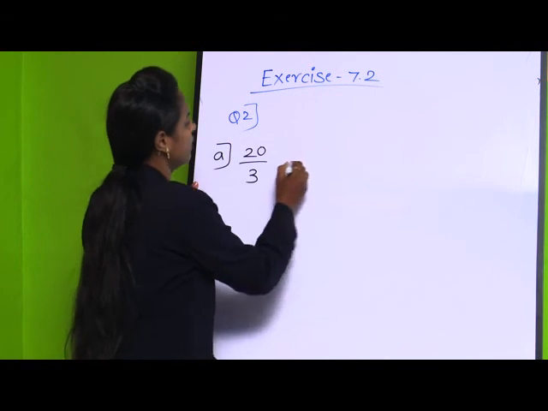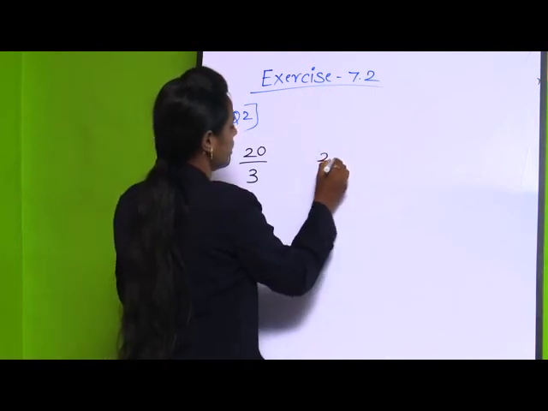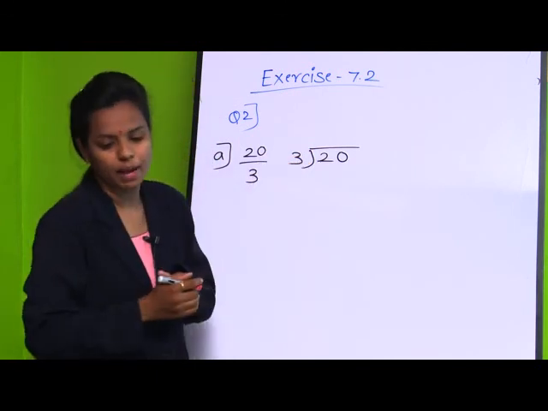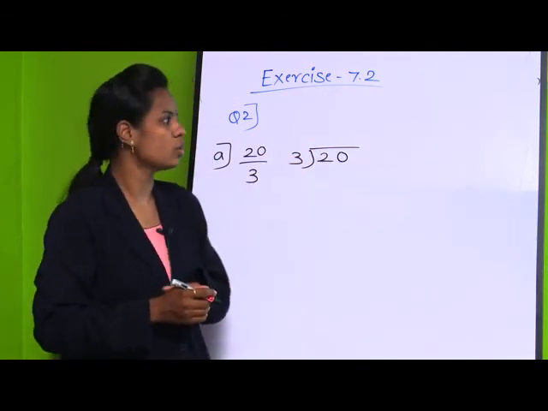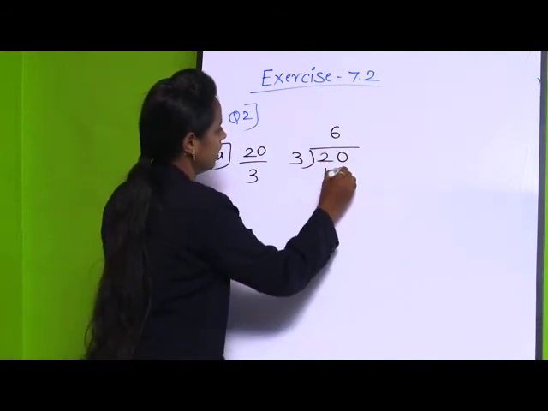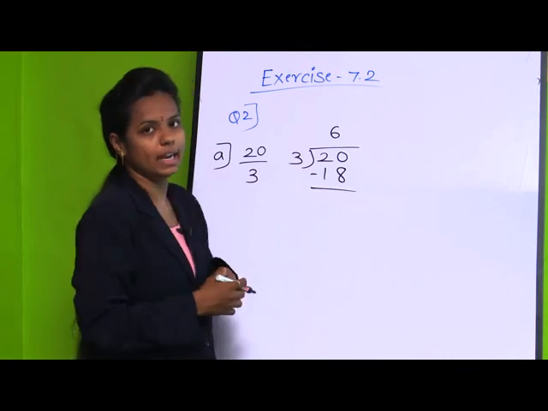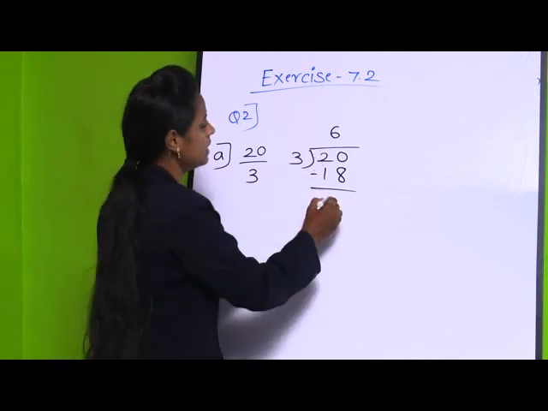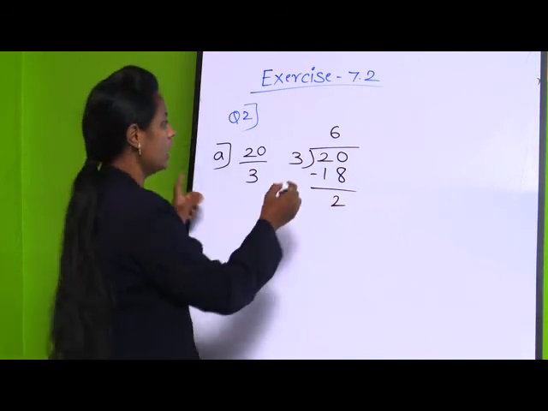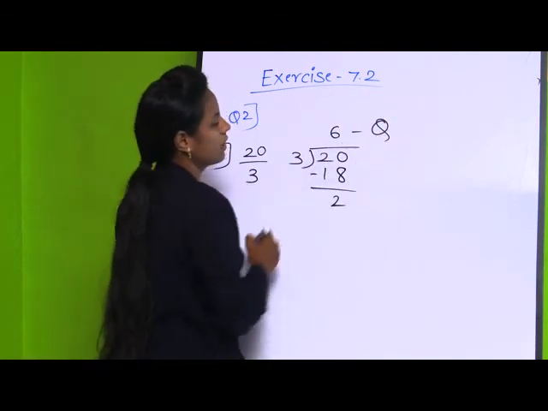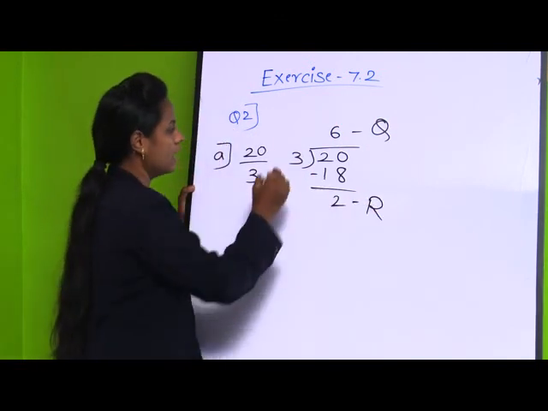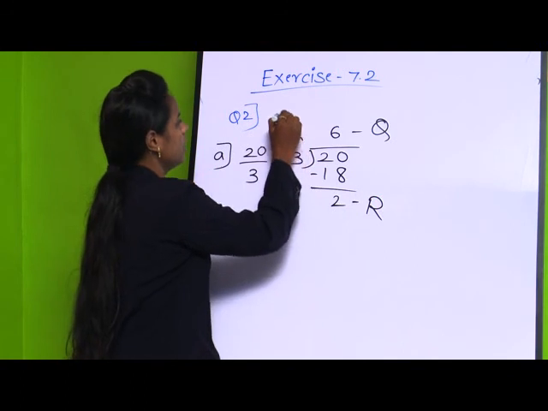We will divide 20 by 3. We have 3 6s are 18, and 20 minus 18 is 2. Now, this is the quotient, this is the remainder and this is the divisor.